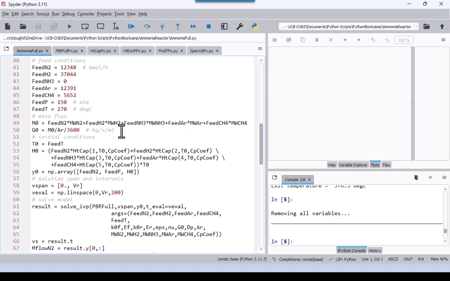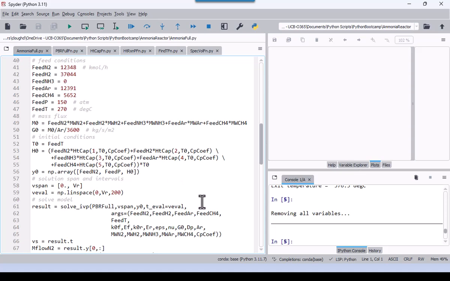And then we have our feed temperature. We calculate then our initial feed enthalpy. And then this gives us three initial conditions: feed nitrogen, feed pressure, and initial enthalpy.